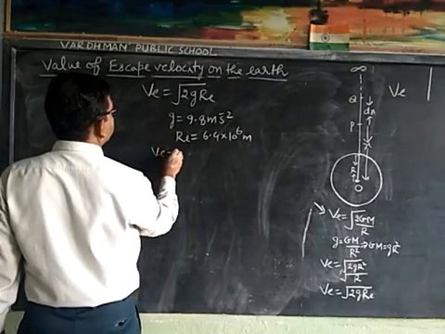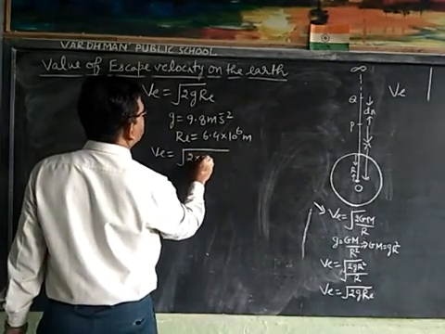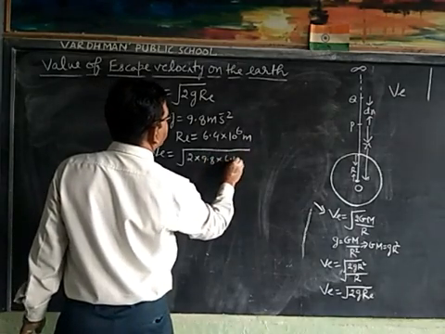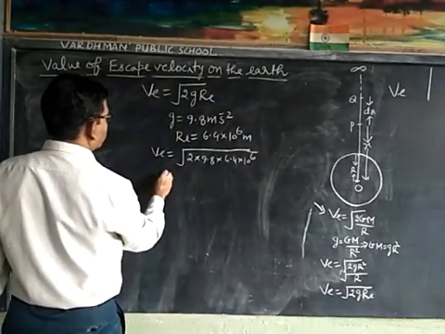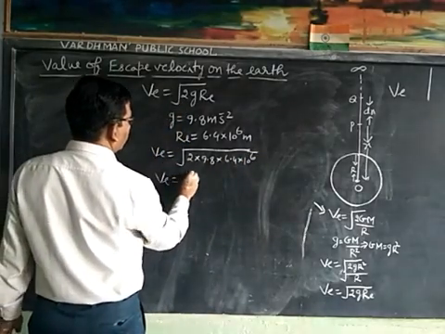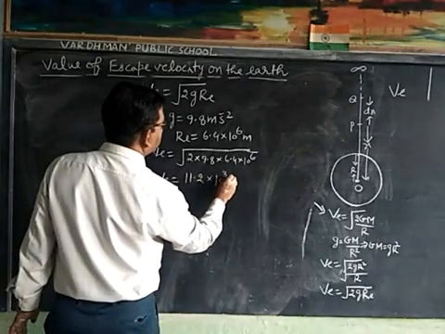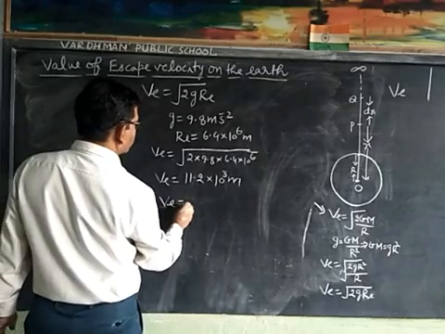Then VE is equal to under root 2 into 9.8 into 6.4 into 10 power 6. When we solve this, we get 11.2 into 10 power 3 meter per second.